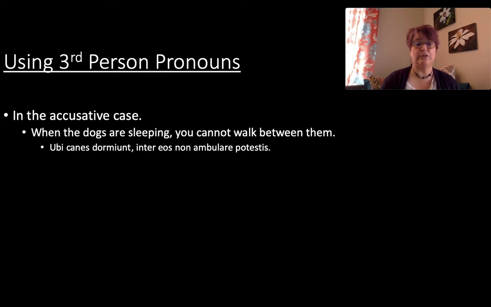So when we see dogs, it actually has to be written in the nominative plural. But as the object of the preposition between, the pronoun them has to be written in the accusative plural. It's masculine because dogs is masculine, and it's plural because dogs is plural. But it's accusative just because it's the object of the preposition.